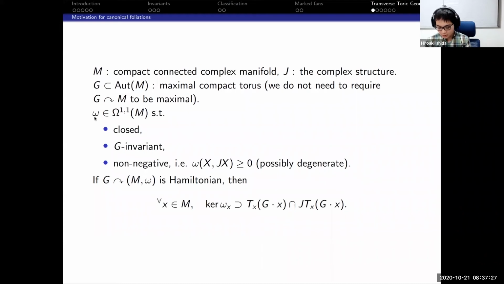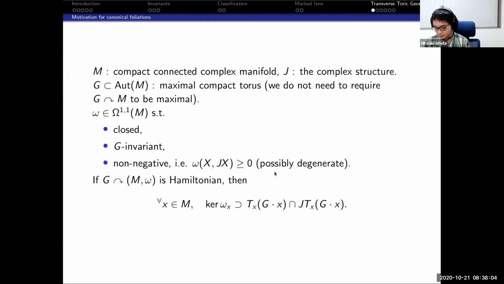And let's consider a two-form omega which is closed, G-invariant and non-negative. Non-negative means omega of X, JX is greater than or equal to 0. But we do not require this quadratic form to be non-degenerate.